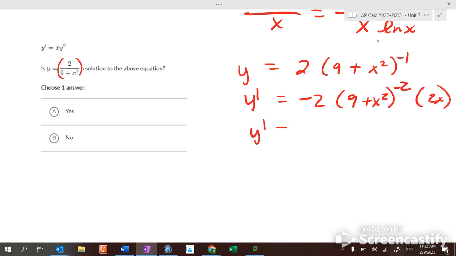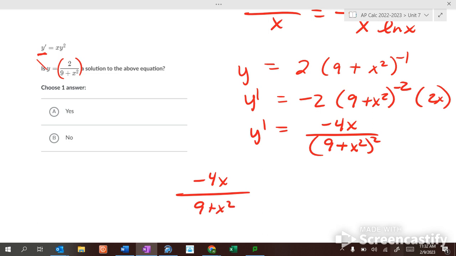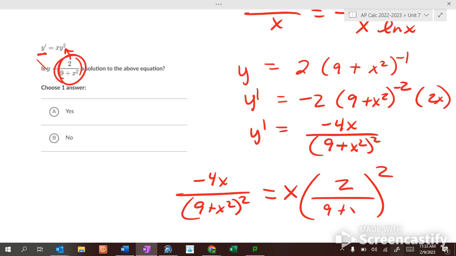So y prime equals negative 4x over 9 plus x squared squared. So you replace the y prime with the negative 4x over 9 plus x squared squared equal to x times y squared. You stick it in for y squared. So it's 2 over 9 plus x squared.